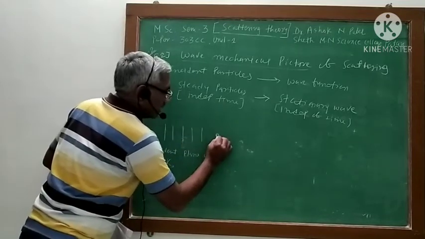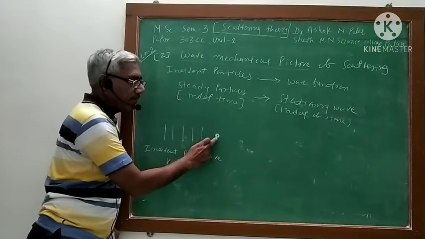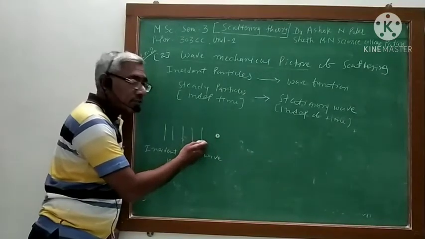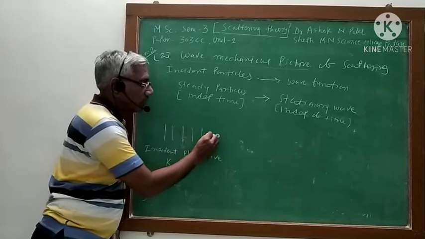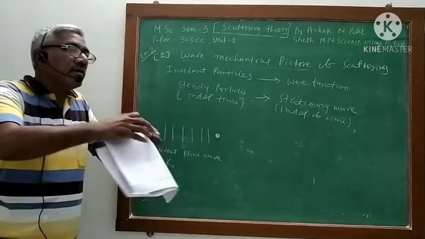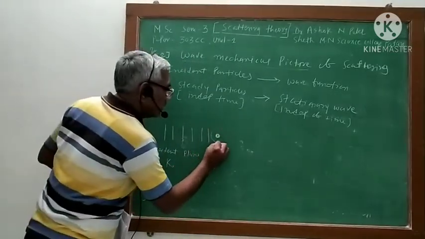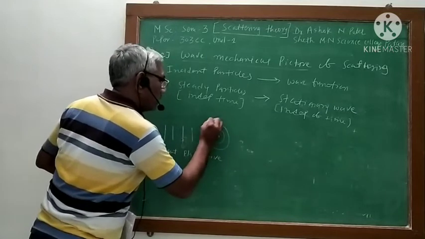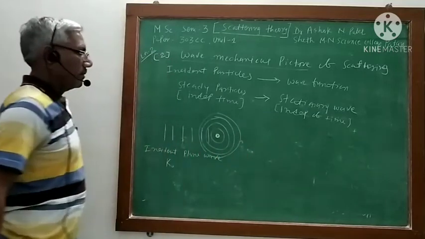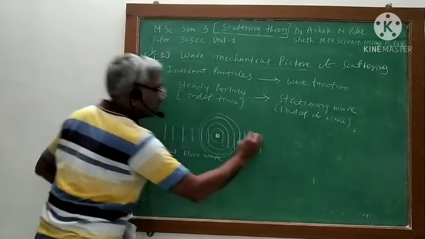Now when it comes to the target, depending upon the potential of this, naturally there will be distortion in the incident plane waves, and because of that it gets scattered in all directions, so it scatters this way, this way. And some of the incident particles may move like this as it is.